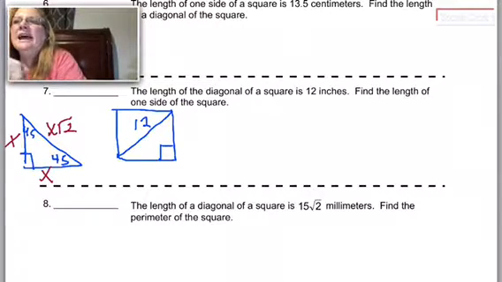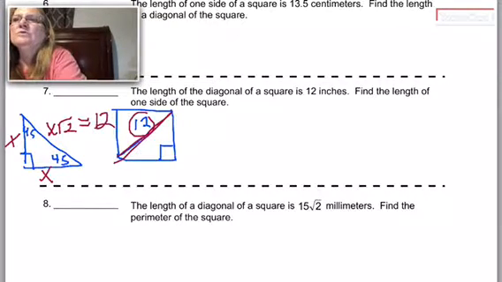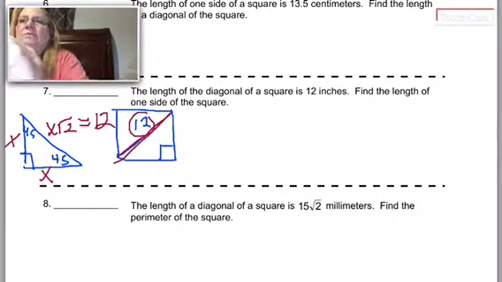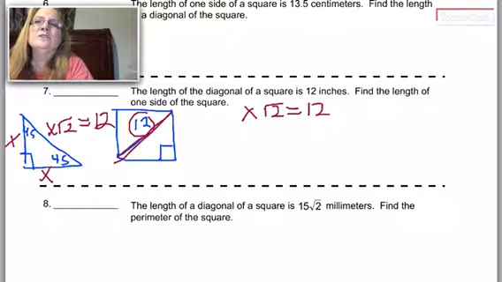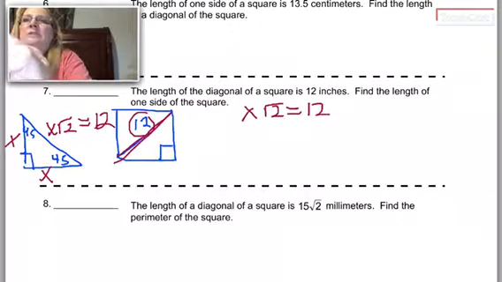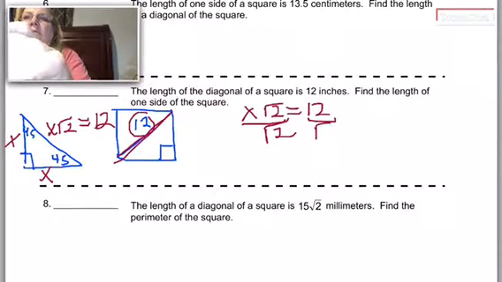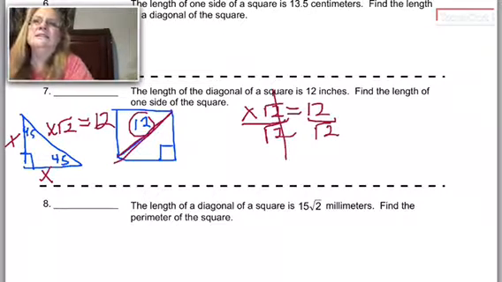So this diagonal is 12, so that is telling me that x times the square root of 2 is equal to 12. So what I need to do is solve for x. So I can divide both sides by the square root of 2, and I get x is equal to 12 divided by the square root of 2.